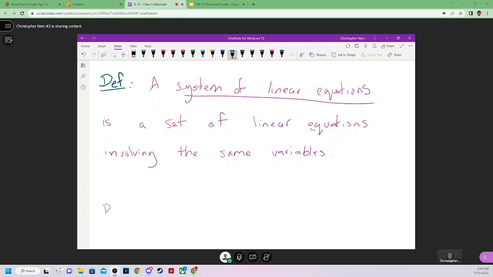So, another definition. A solution to the system. I'm going to call this star, just so it's easy to name. So star is a system of linear equations.